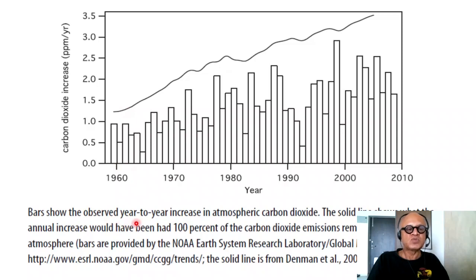So the bars show the observed year-to-year increase in atmospheric carbon dioxide. The solid line shows what the annual increase would have been had 100% of the carbon dioxide emissions remained in the atmosphere. The interannual variability, the year-to-year variability here, comes from what El Nino is doing, what La Nina is doing, what forest fires are doing, what volcanoes are doing, what droughts are doing, and so on and so forth.